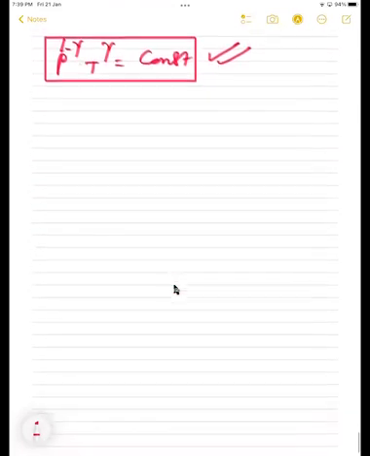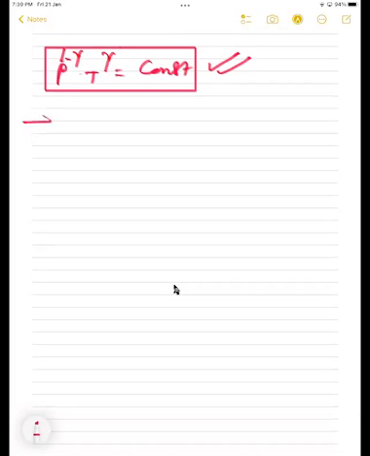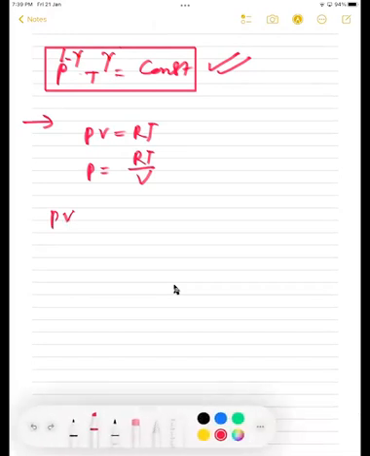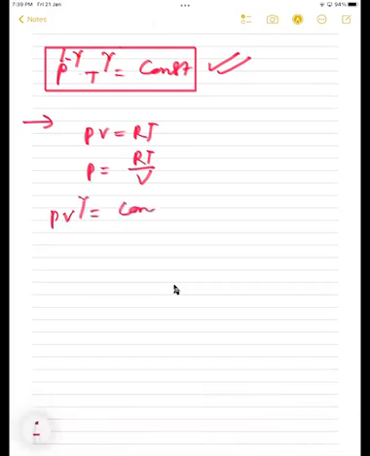And from here you can also see, in the same way, another relation. PV is equal to RT. You put P is equal to RT by V, correct? And you know PV to the power gamma is equal to constant. In place of P you can put RT by V into V to the power gamma is equal to constant.